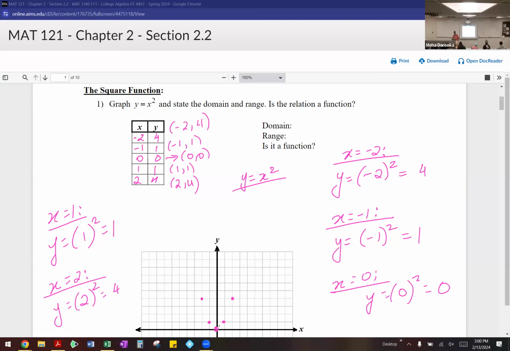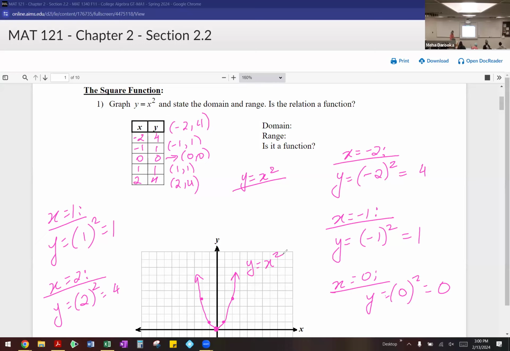That's kind of the general shape, which actually tells us this is going to come out looking like a parabola, which is what it is, right? And that's kind of the general idea, right? We find enough pairs and then we base our graph off of that.